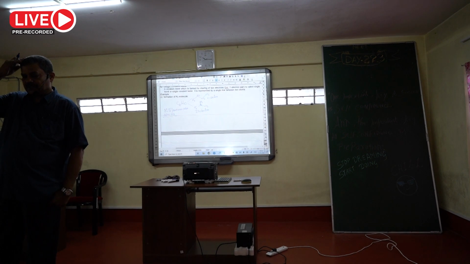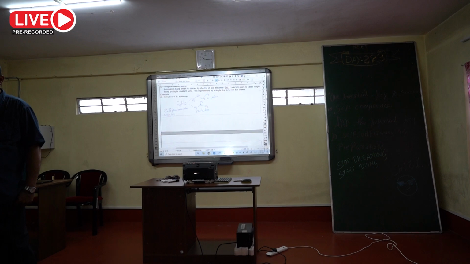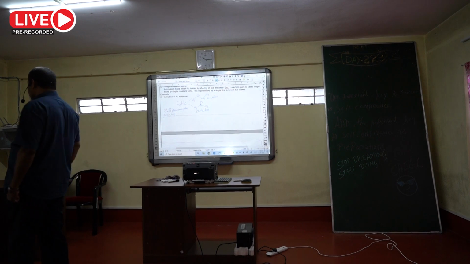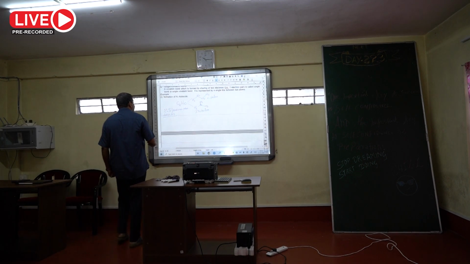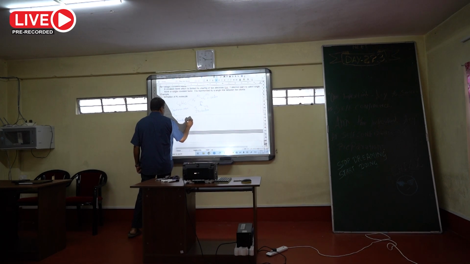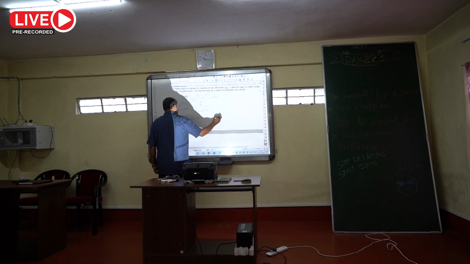Write a point. In non-polar molecules, London dispersion forces are directly proportional to molecular size or surface area.